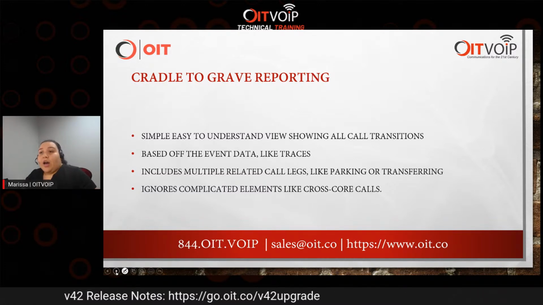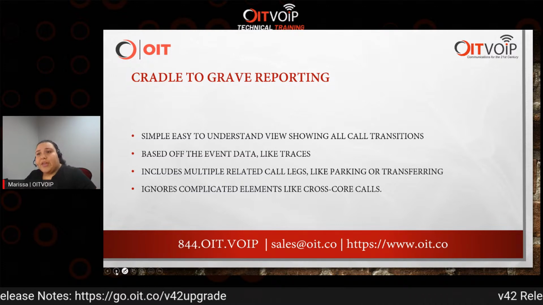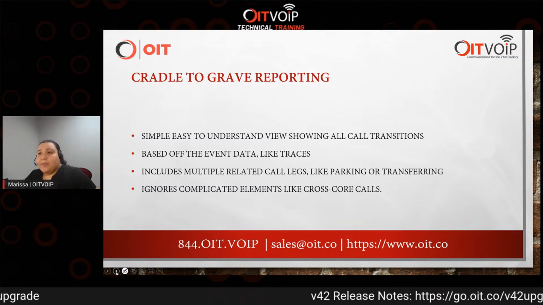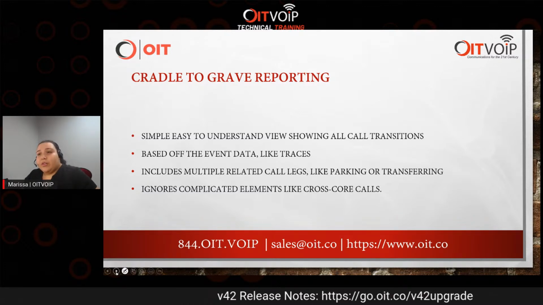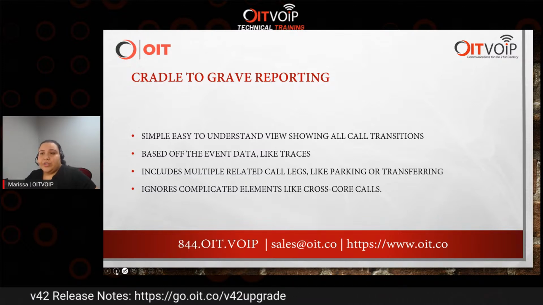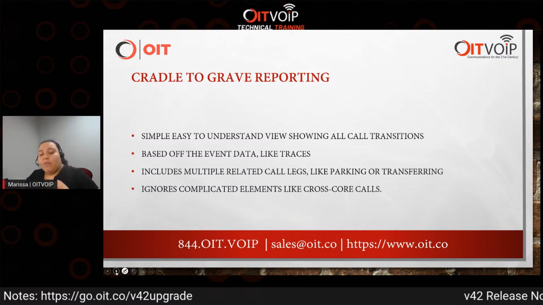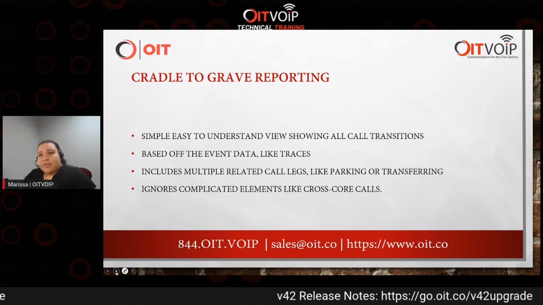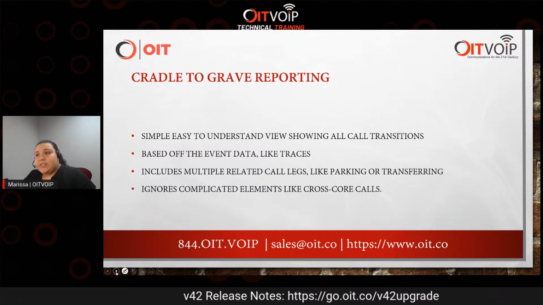They're just a lot of data, a lot of sifting through things. And as helpful as they can be, it's just something that not everybody has a lot of time for. Cradle to Grave gives you an easy and simple way to understand the call transitions and the path and flow of the call. It's still basing itself off of the event data, just like a call trace does.